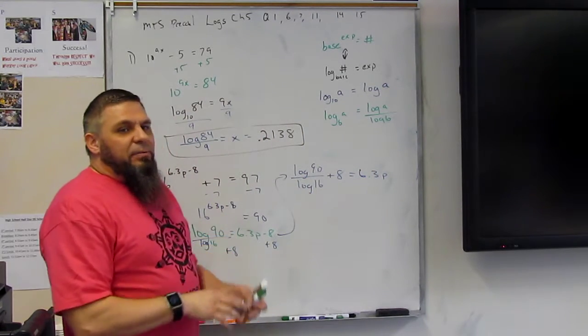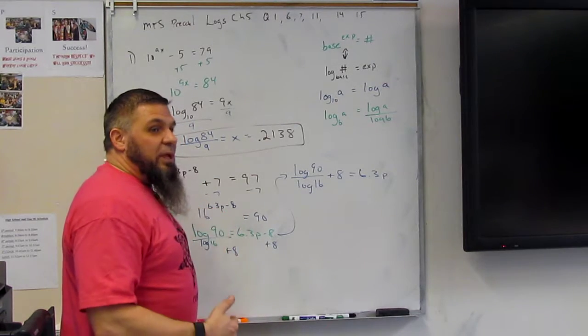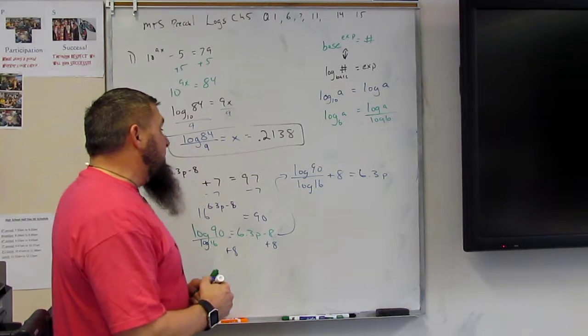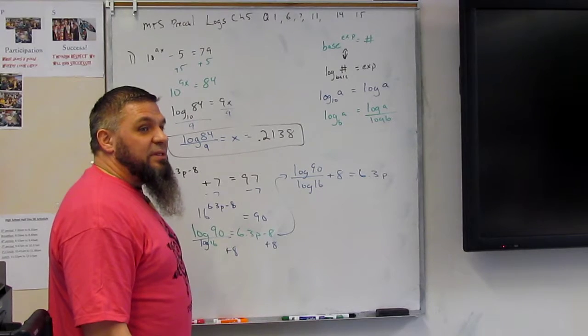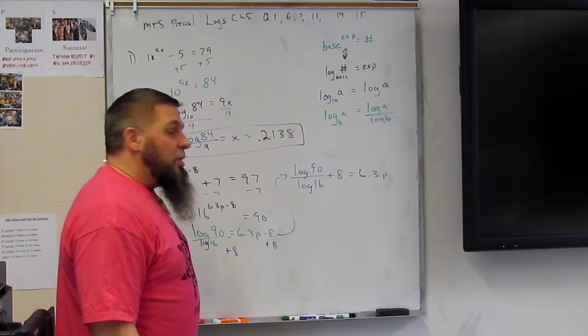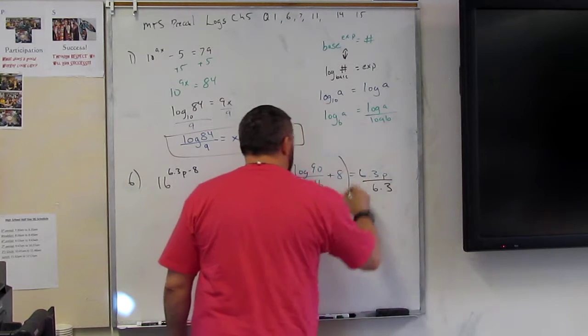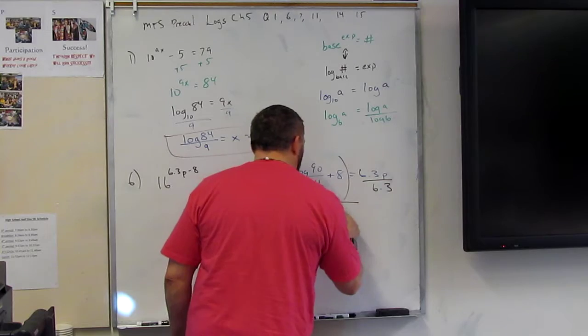Now, if I am multiplying by 6.3, I'm going to divide, or in this case, multiply by 1/6. Now I could just divide by 6.3. That means this whole thing is being divided by 6.3.